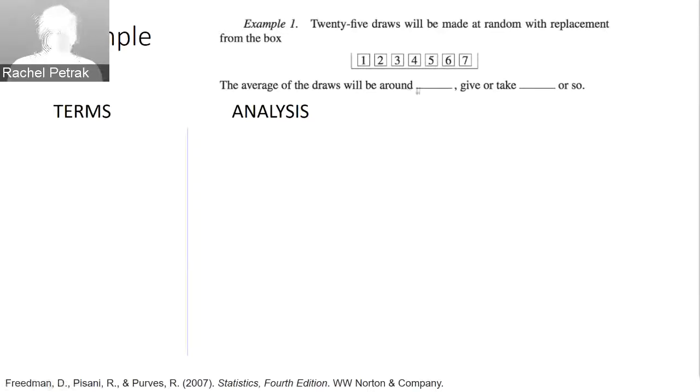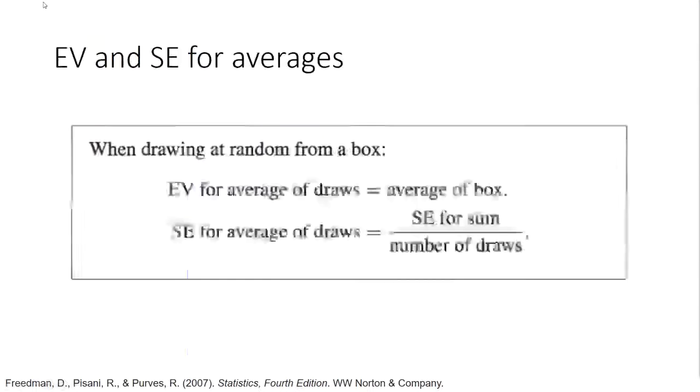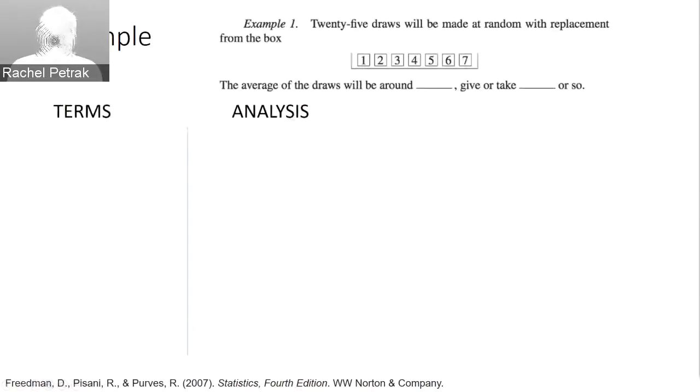We already know generally that this is going to be around the expected value of the average, give or take a standard error. But now we need to extend this same idea we've been doing this whole unit to looking at averages. With that in mind, we'll do a nice example here.